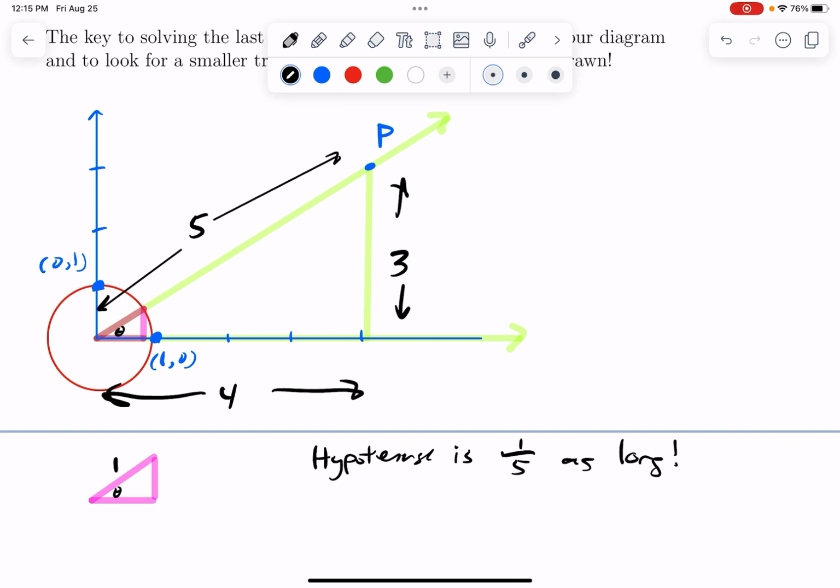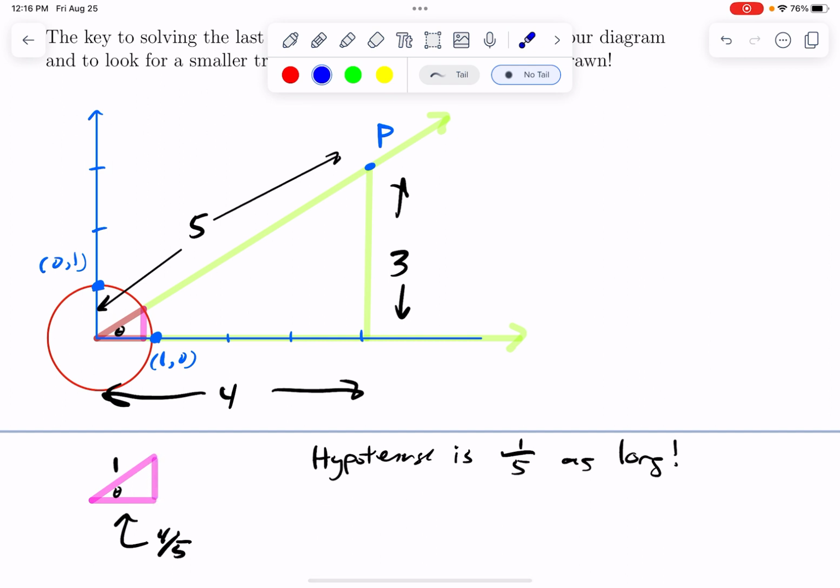But this is a similar triangle. If the hypotenuse is 1/5 as long, then the other sides are 1/5 as long. So that means that this base down here, the horizontal leg at the bottom, is 1/5 as long as this one. Well, if this is 4 and this is 1/5 as long, this one is 4/5. Similarly, in the bigger triangle, the right-hand side has a length of 3.